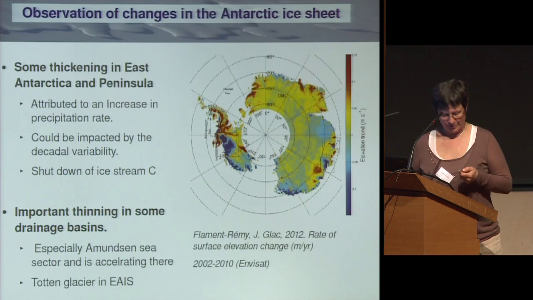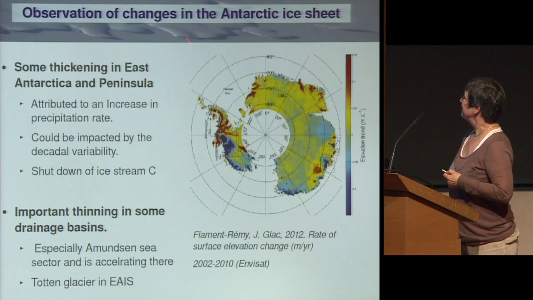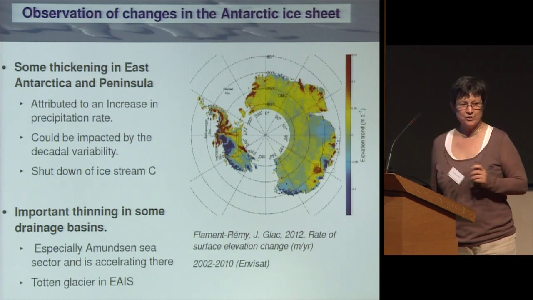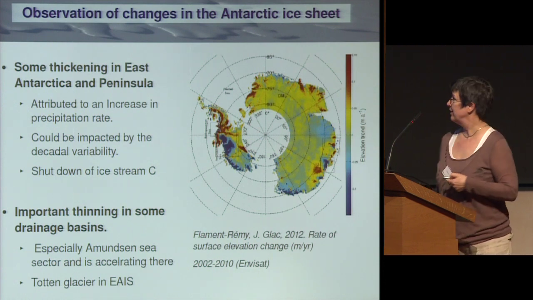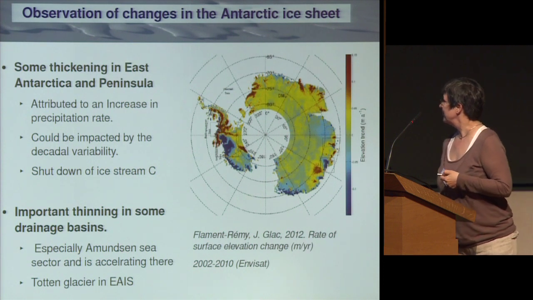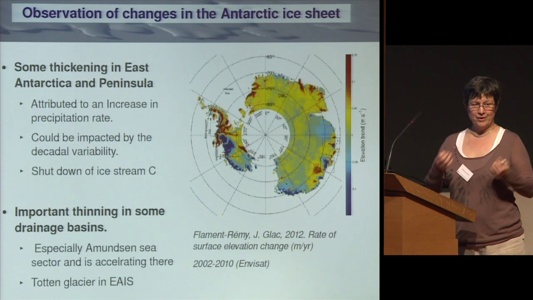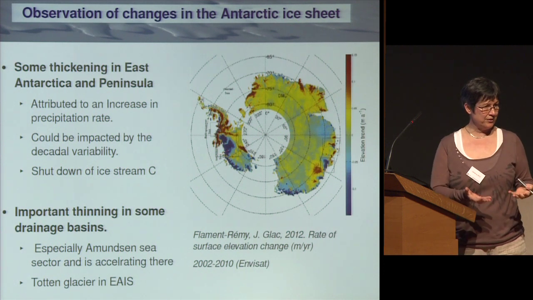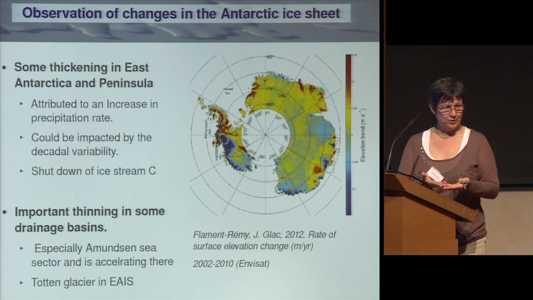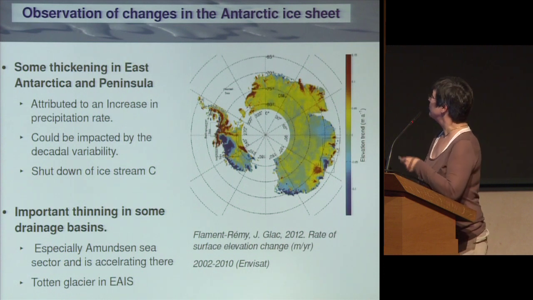Now we jump to Antarctica, and here is a map of changes of surface elevation in Antarctica produced by Thomas Flamand in Lagos. In blue, you have places where the surface elevation goes down, and in warm colors where they go up.